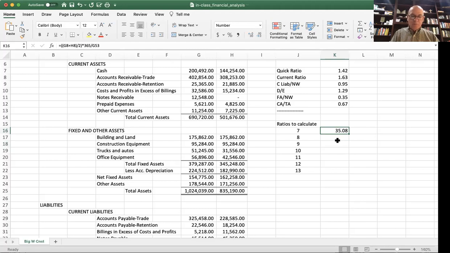So what does that really tell us? It tells us essentially the average time that our accounts are in receivable. So 35.1 kind of gives us an idea of how long our money is tied up in accounts receivable.